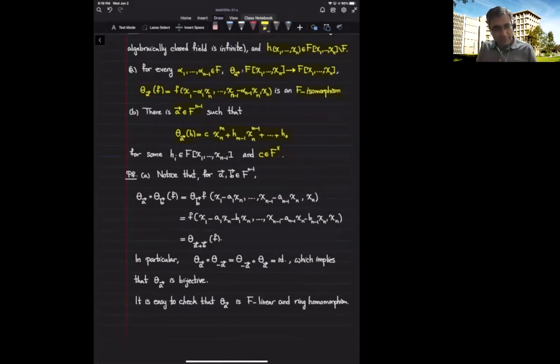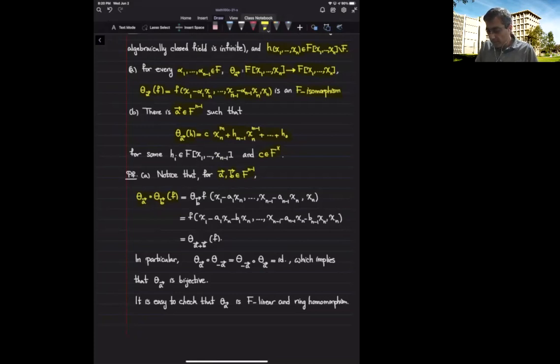okay, let's look at the composite of two of such thetas with two different vectors. So suppose I give you two vectors a and b in F to the power n minus 1, then apply these thetas one after another, one with parameters b, the other one with parameters a. See what happens to the polynomial f.